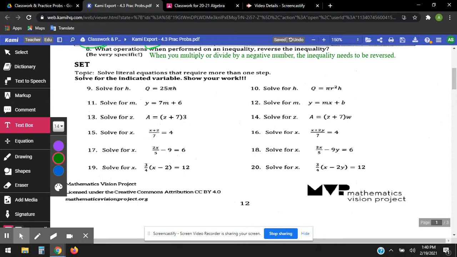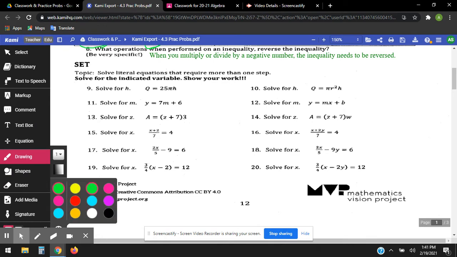Okay, so all these we are solving for our variable. I'm not going to do all these because we have been doing lots of these lately. I am going to pick a couple to do just to help you practice them. All of those do have multiple variables. Let's do 13. So solve for z.